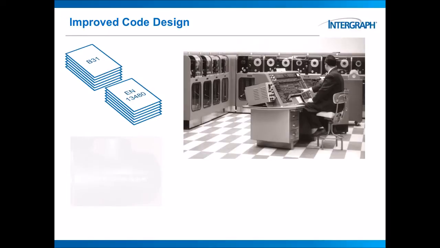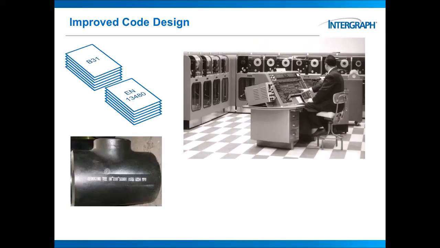Some of these technologies are from the 1950s, where, for example, a computer was very large and took up an entire room. Because this technology is old, it's less accurate, and the information that we're talking about here is related to the intersections in your piping system, specifically the calculation of the stress intensification factors and the flexibilities of the intersections.